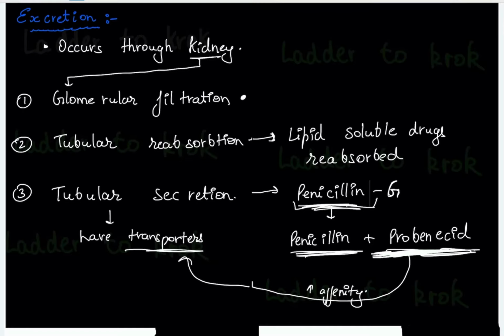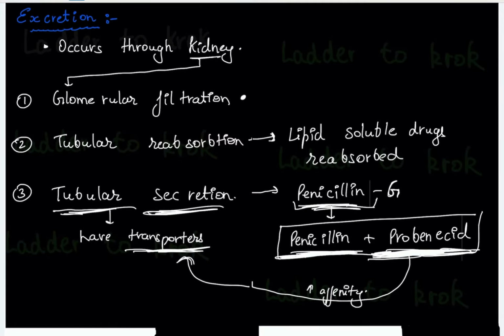Whenever probenecid is secreted by these transporters, it will also take penicillin with it. So when we give penicillin with probenecid, it becomes long acting and stays in your body for a long time. Usually penicillin is a very short acting drug.